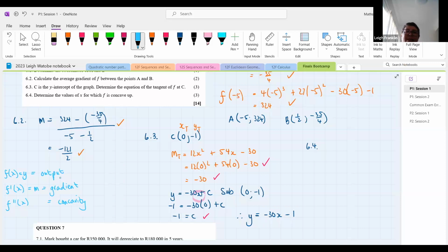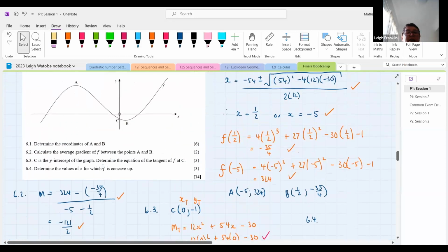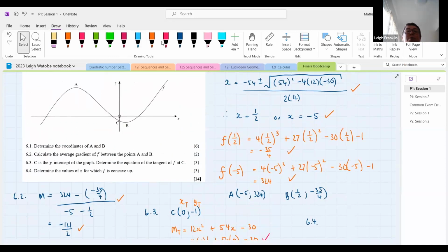When we are accelerating, we are explaining how speed is changing with respect to time. So your second derivative is how the first derivative is changing. So our first derivative is gradient, our second derivative is concavity when it comes to a cubic function. There are other derivatives as well, but we only need to worry about the second one.